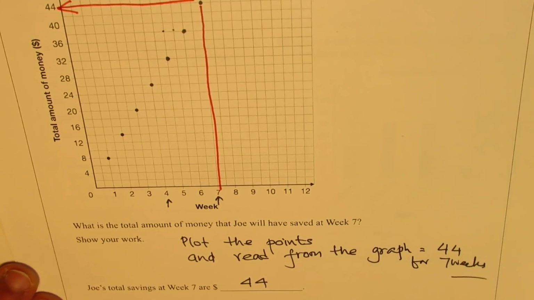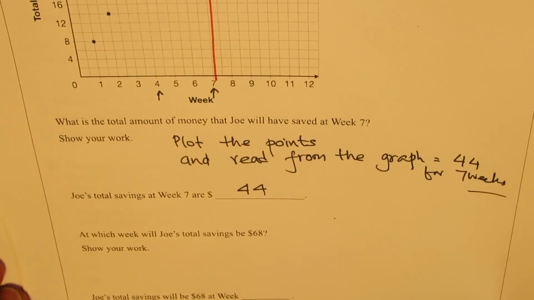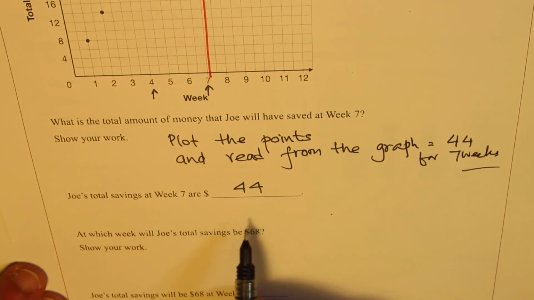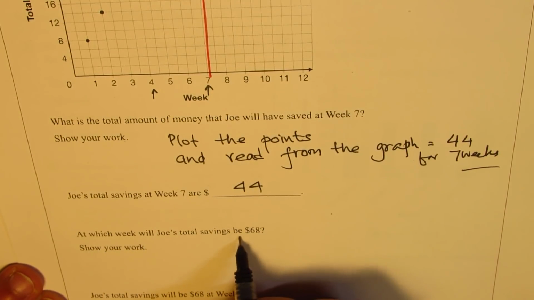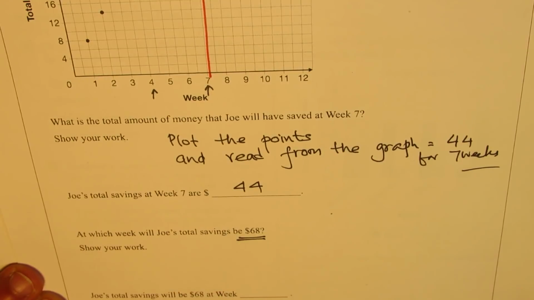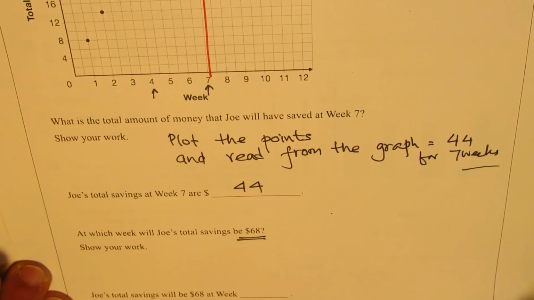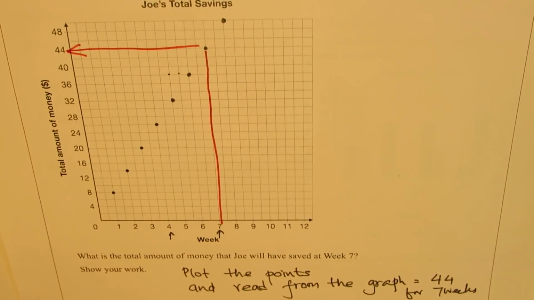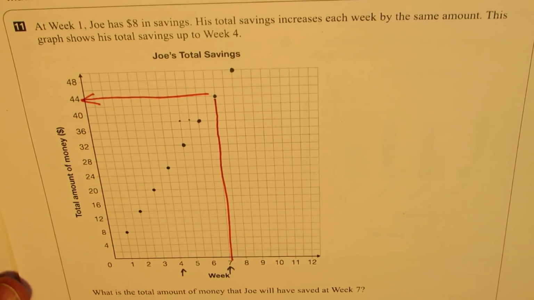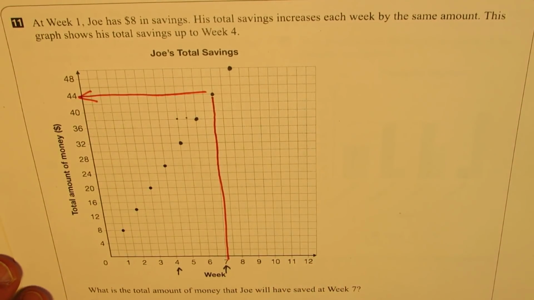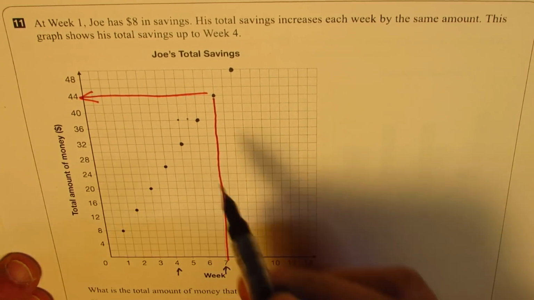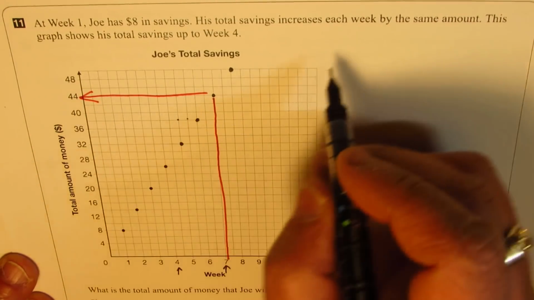The next part to this is: at which week will Joe's total savings be $68? Now we need to find $68 and which week. Well, the graph ends somewhere around 50, right? We have to go up to $68. So let's read from 44 onwards.